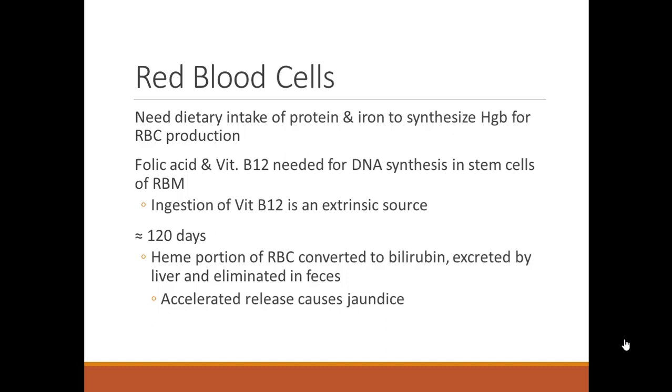Folic acid and B12 are also parts of anemia. They're both needed for the DNA synthesis of stem cells in the red bone marrow. If we consider the ingestion, or taking in, or eating of vitamin B12, that's called an extrinsic source.